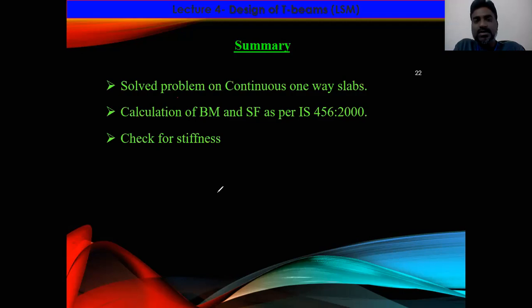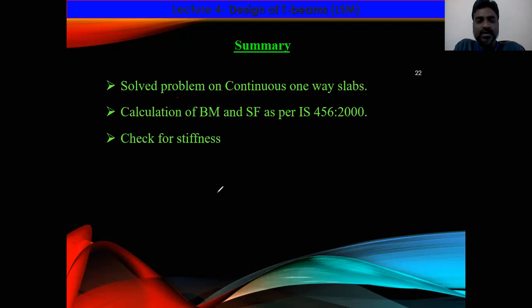Then after that, we have checked for stiffness. That means we have calculated the allowable L effective by D ratio, which for continuous slabs is 26 into the modification factor, and the modification factor depends on the percentage of steel provided in midspan and above support.